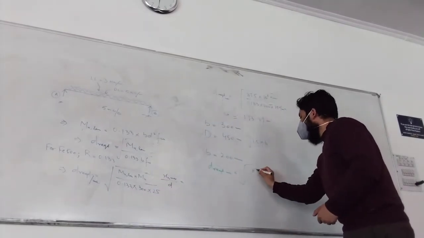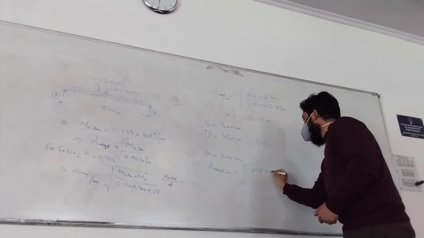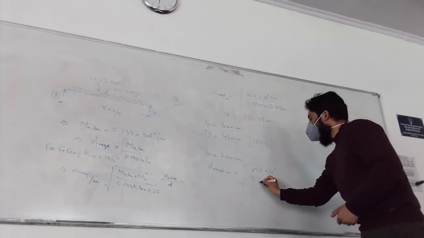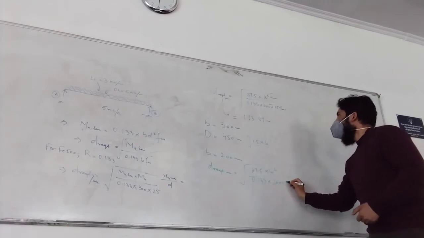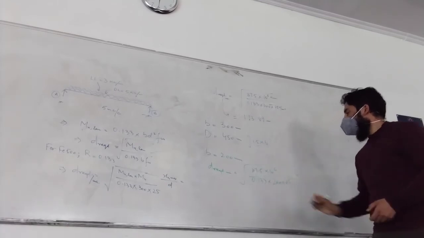It's 37.5 times 10 raised to 6 divided by 0.133, which is the same, now 200 into 25. How much will it come?